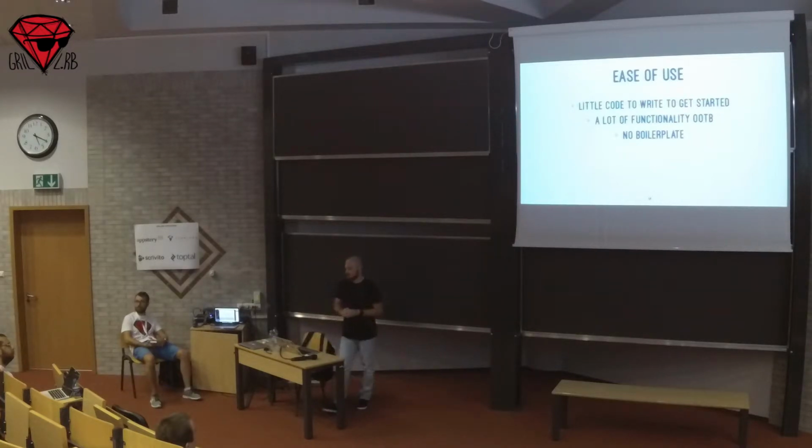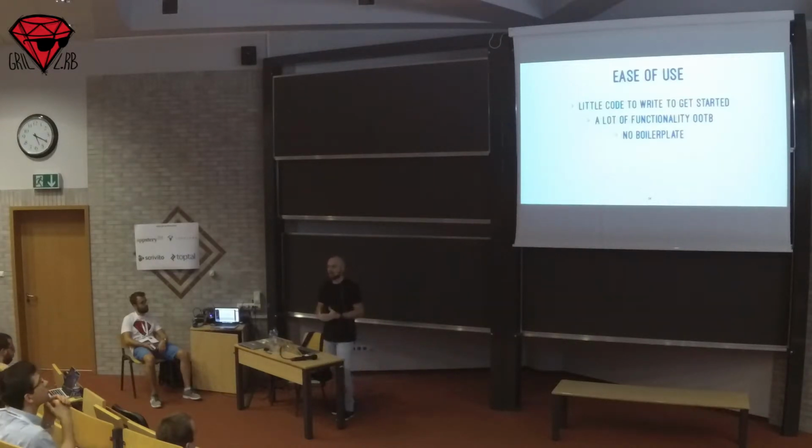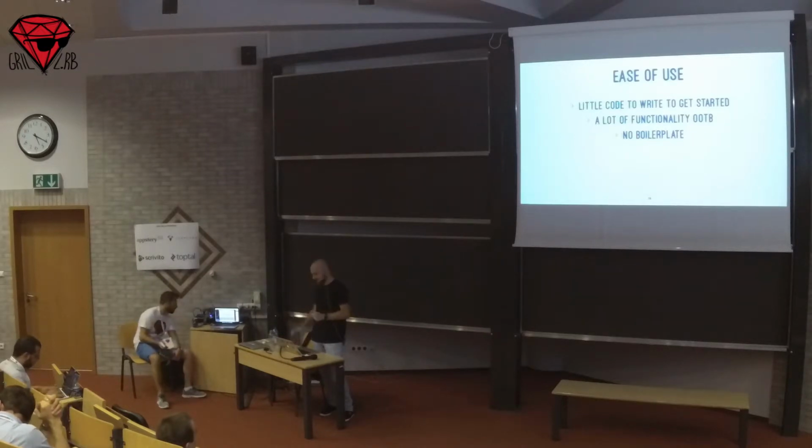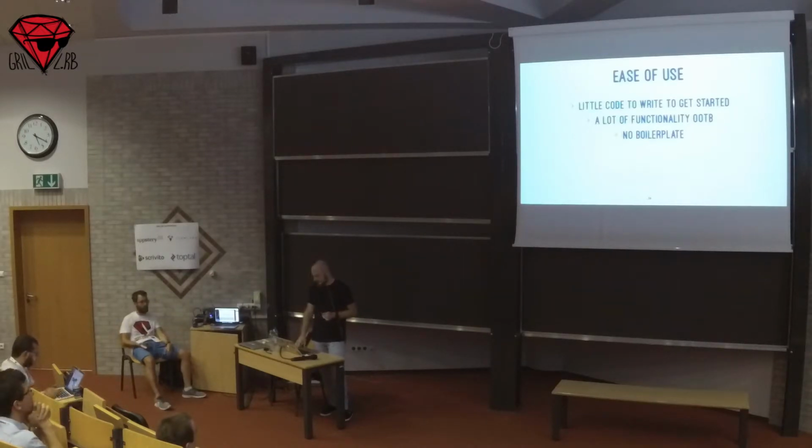And again, it's so important when you start a new project, especially if it's something that is new to you, like maybe you're building an application that has a domain that you see for the first time in your life, and you really need to learn about it, and it's a process, it takes time. So if you can get started quickly, if you can build features, create some initial user interface, it's just beneficial for both you and your clients, so it's worth the effort to have this kind of ease of use.